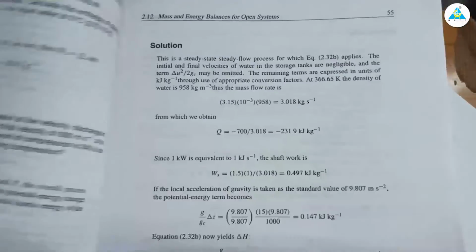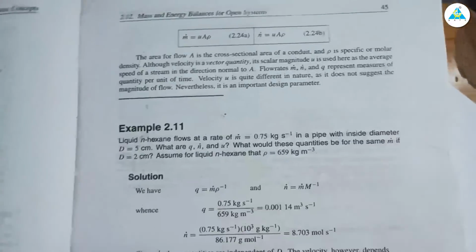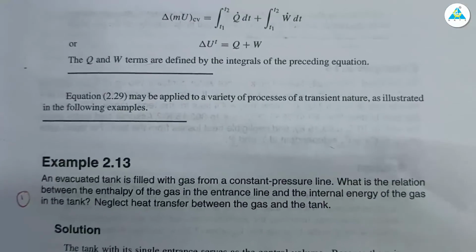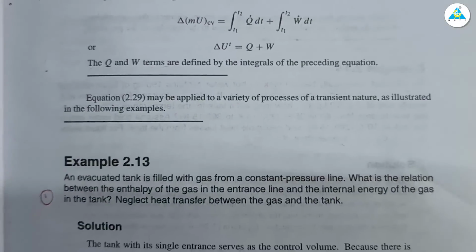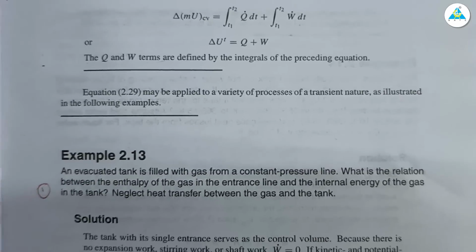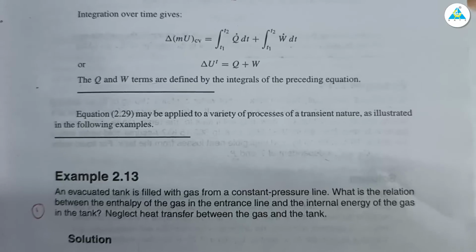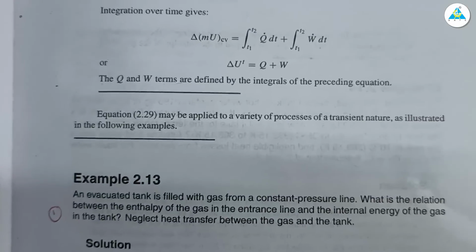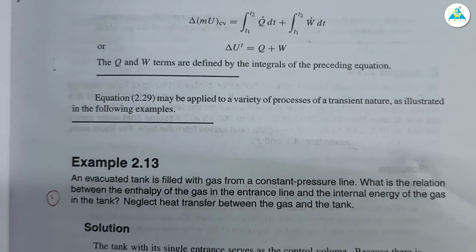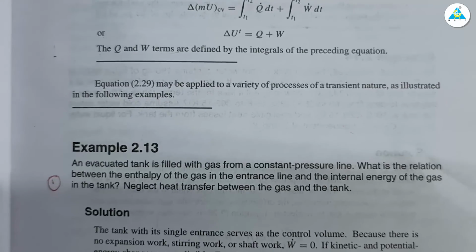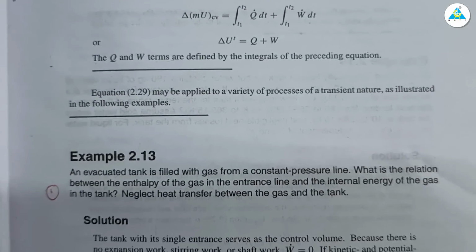So we will see one question now. That is in open system, only one question is given in your Smith and Van Ness book. So this is the question, right? Read the question carefully. An evacuated tank is filled with gas from a constant pressure line. What is the relation between enthalpy of the gas in the entrance line and internal energy of the gas in the tank?